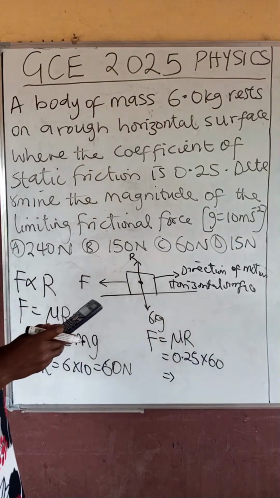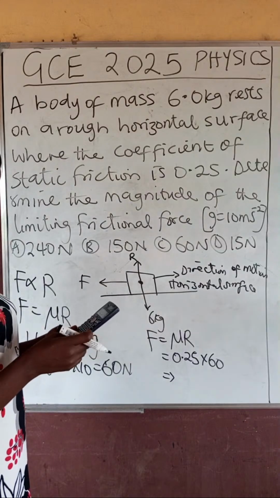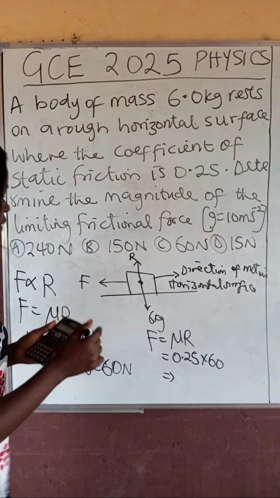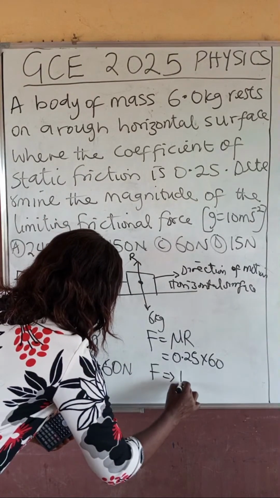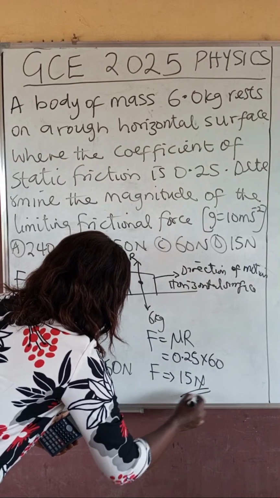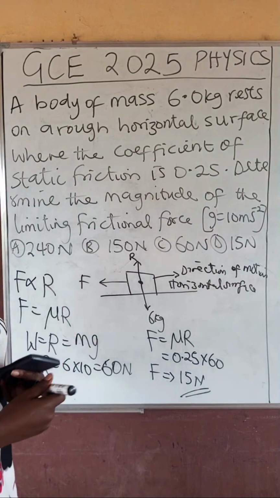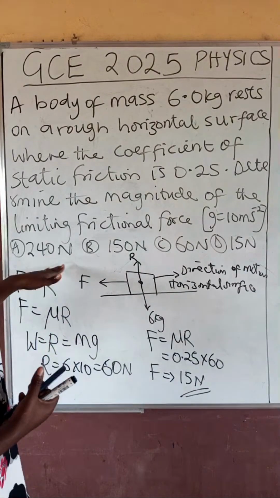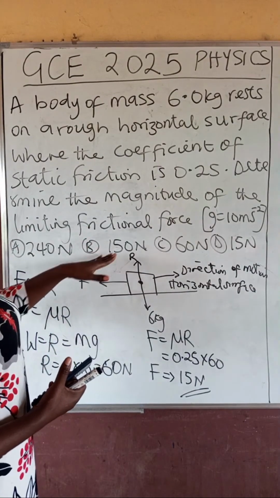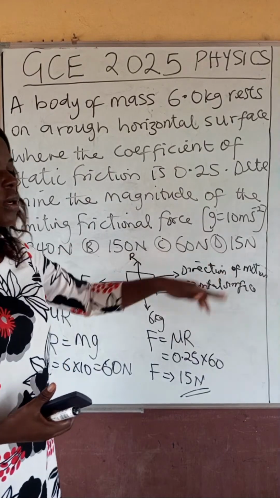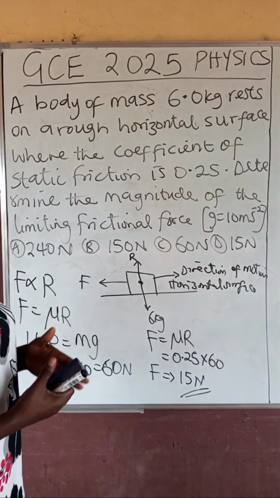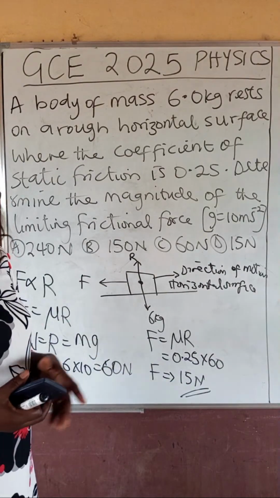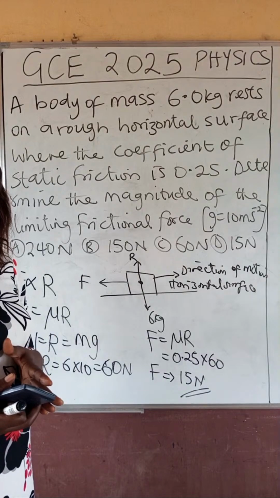With the help of our calculator, the answer becomes 15 Newton. The options are A, 240 Newton; B, 150 Newton; C, 60 Newton; and D, 15 Newton. So the answer to this question is 15 Newton. Is that clear? This is how you can solve problems on frictional force.